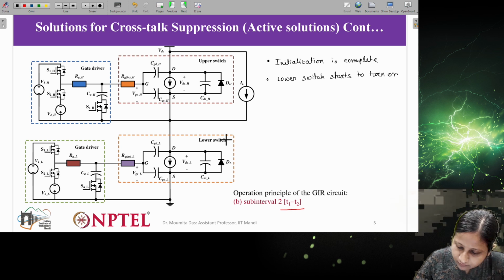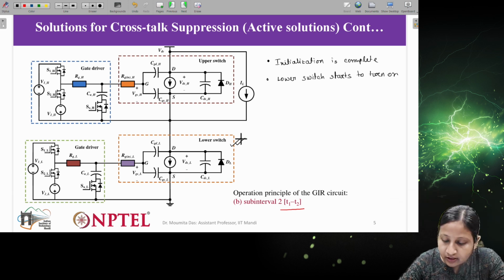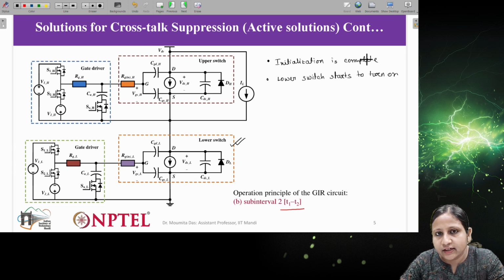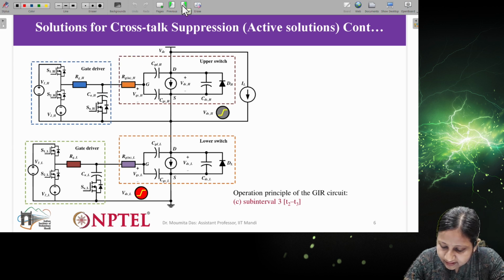So we have given this particular subinterval, it actually completes this initialization. Like in the first subinterval, the initialization started and it should complete by this subinterval. Now next, the lower switch is turning on.